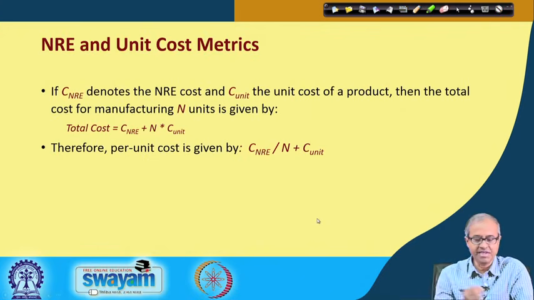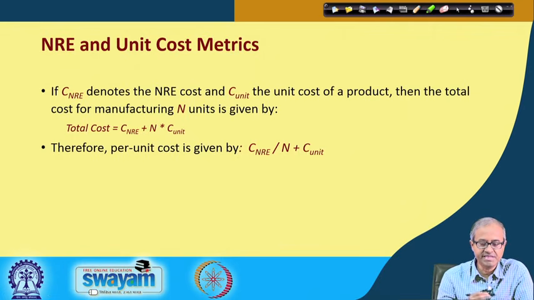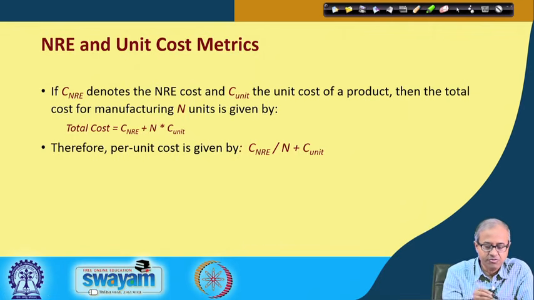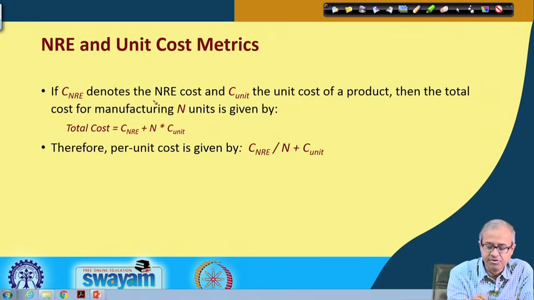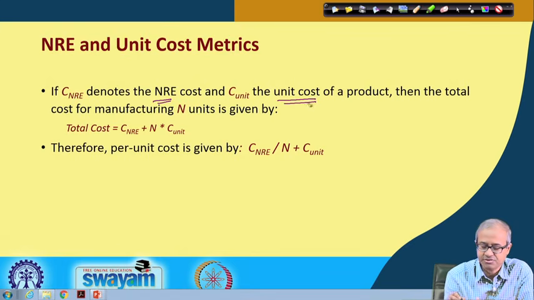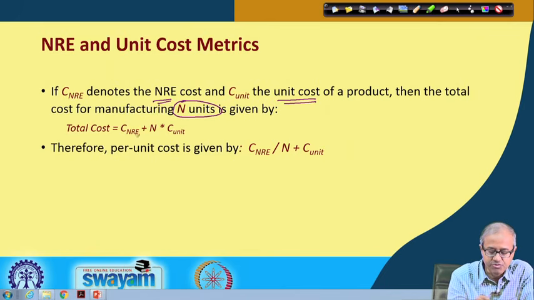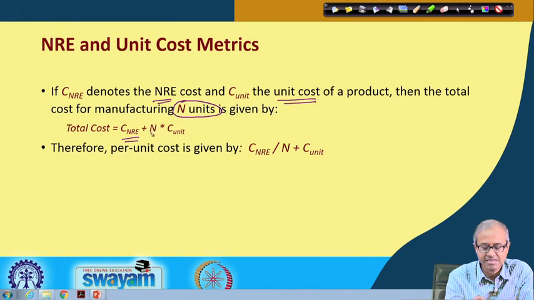Now, talking about the NRE, non-recurring engineering, and unit cost: if C_NRE denotes the non-recurring engineering cost and C_unit denotes the unit cost, then for manufacturing n units of the product, the total cost will be the non-recurring cost, which is a one-time cost, plus the number of products multiplied by the unit cost.